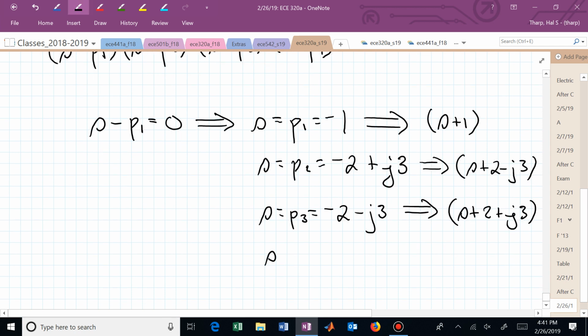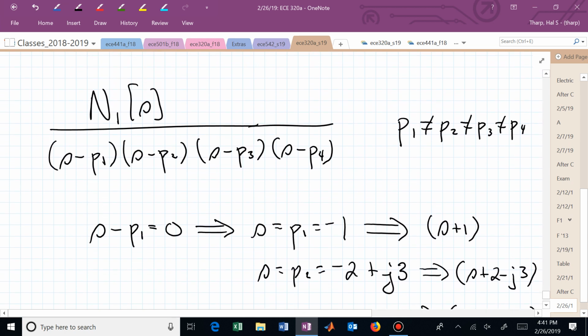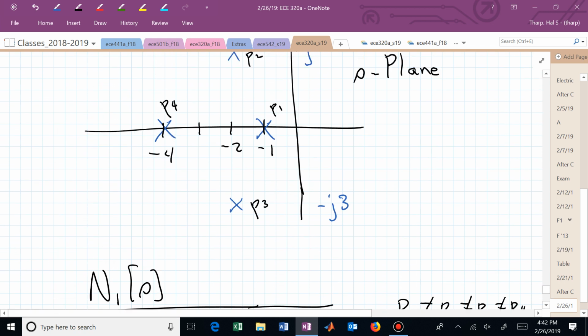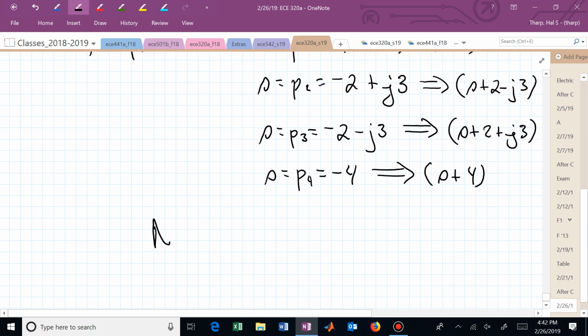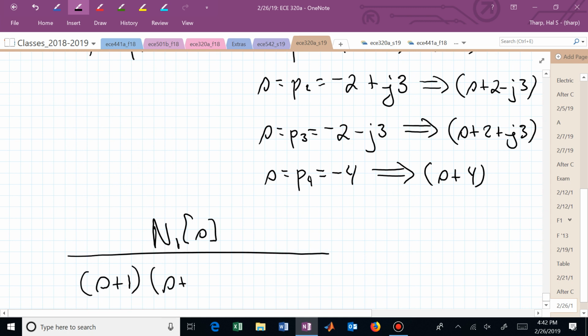And the P4, so if we wrote it differently in terms of the particular distinct or simple poles that we have illustrated in this circus tent complex plane floor, we would write it as n sub 1 of S over S plus 1, S plus 2 minus j3, S plus 2 plus j3, and S plus 4.